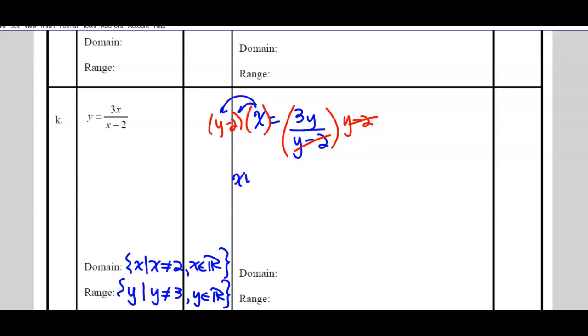Okay, you need to get y by itself, so I'm going to expand this out. So that's going to be xy minus 2x equals 3y. And again, I need to get y's together. So I'm going to bring this over there. And now what do I do? Factor out the y.